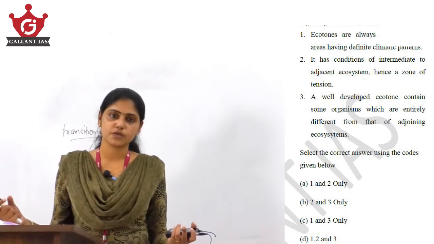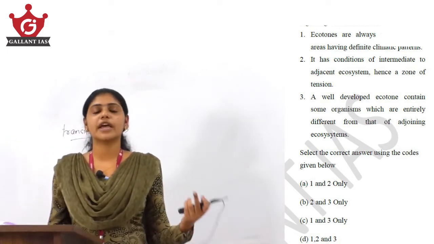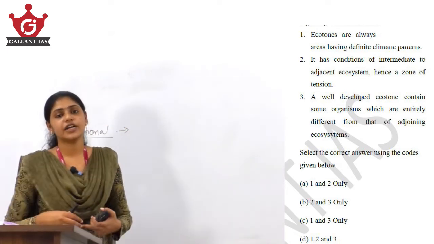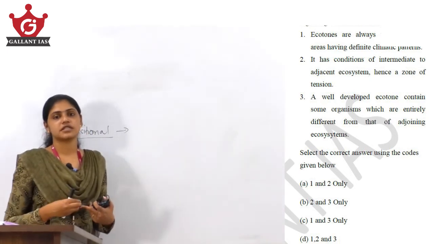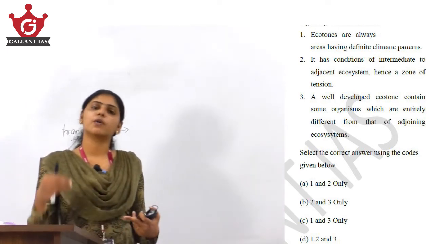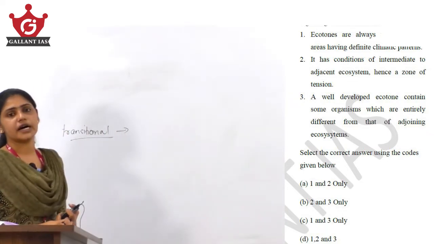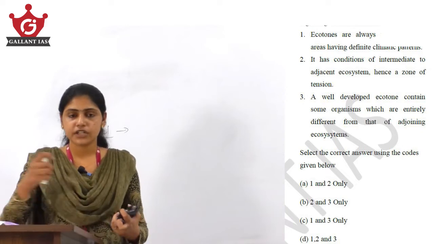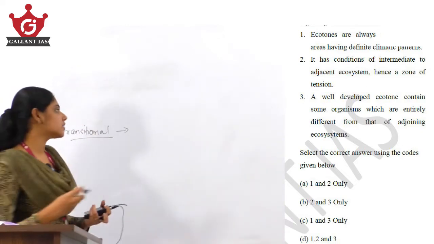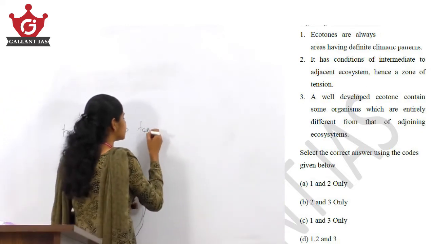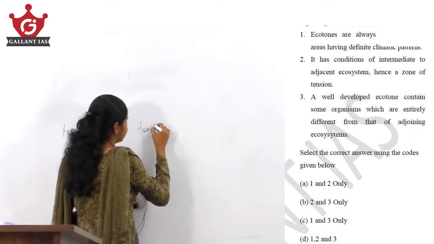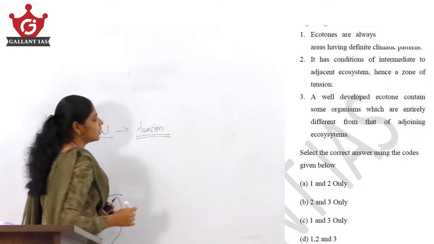Two neighboring ecosystems will be there, and these two neighboring ecosystems will influence the characteristics of the species found in the ecotone. So this ecotone, which is continuously influenced by the neighboring ecosystems, is hence a zone of tension.